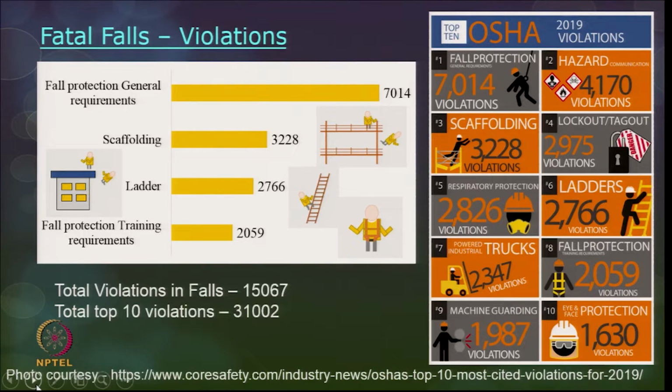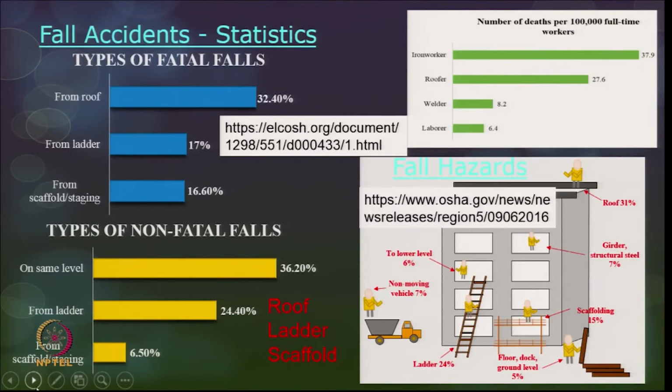Among the 10 violations, at least 4 violations with regard to falls were around 15,000 something as against 31,000. So, half of all the violations that happened in 2019 were related to falls only. Because of the violations, falls are still happening on construction sites, and they should be avoided.